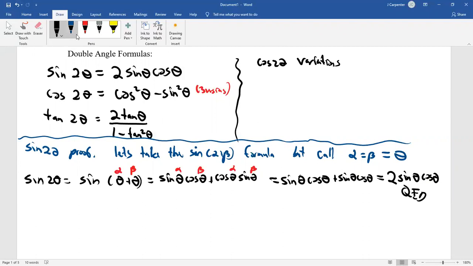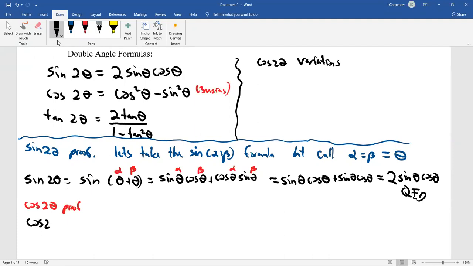Next up, let's do the cosine proof. So again, we're going to take the cosine of alpha plus beta, but we're going to call the alpha and the beta theta, so that we can call cosine of 2 theta cosine of theta plus theta.